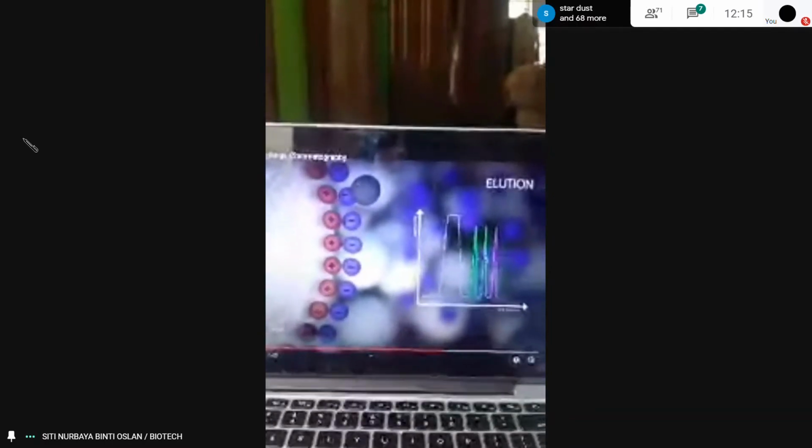So the stronger will come as the second elution, because we have increased the salt, I mean the buffer here. As we increase, the strength of the negative ion coming from the buffer will flush the negatively charged protein out.